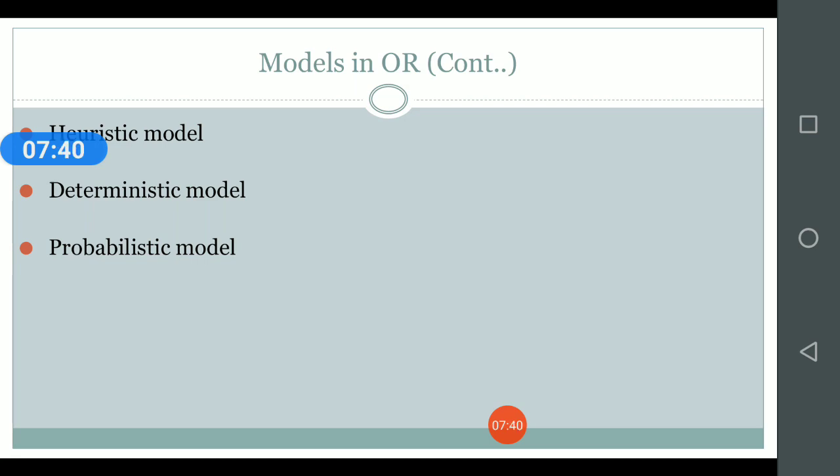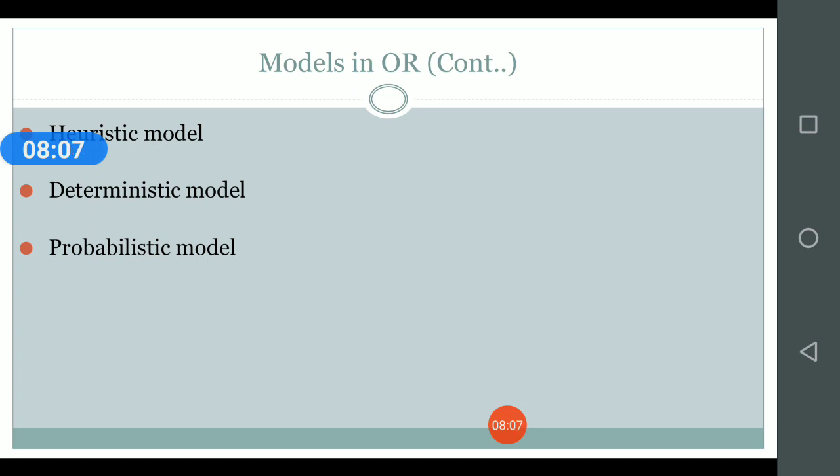Then you have heuristic models in operations research. These models are based on conceptual knowledge rather than any mathematical model. If you are trying to build a conceptual model around your business problem, this can be termed a heuristic model. Then you have deterministic models and probabilistic models.